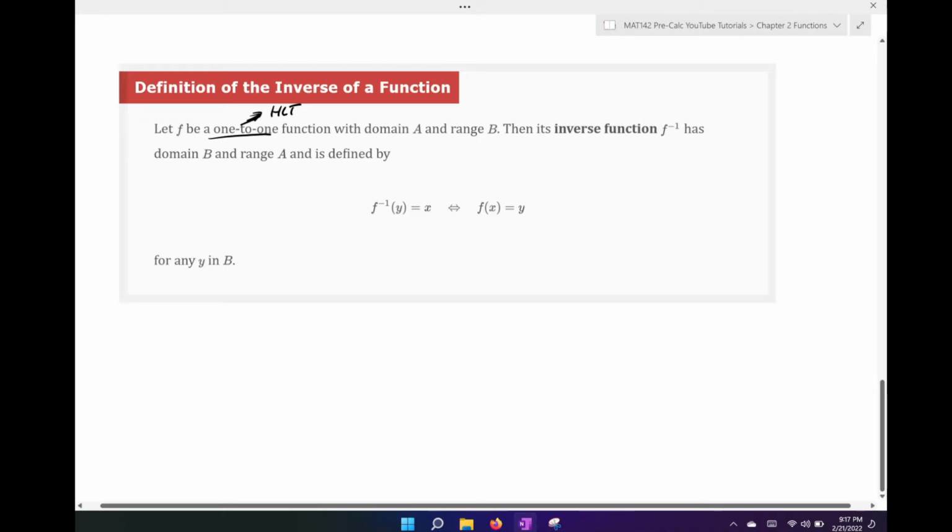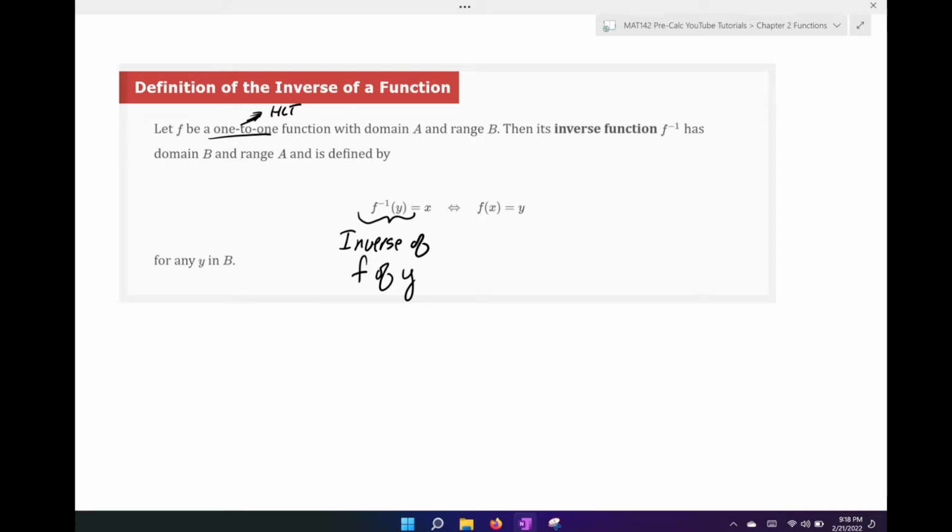So if you pass the horizontal line test and you demonstrate that a function is one-to-one with domain A and range B, then its inverse function has a domain B and range A, which is defined by, now this is read, the inverse of f of y equals x if and only if f of x equals y for any y in B. So here's what this is saying, okay?